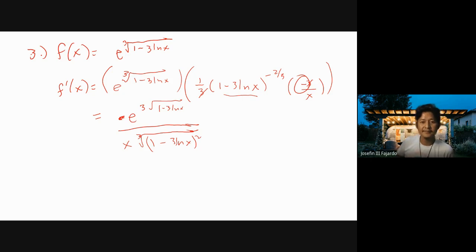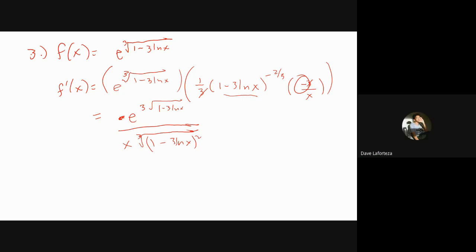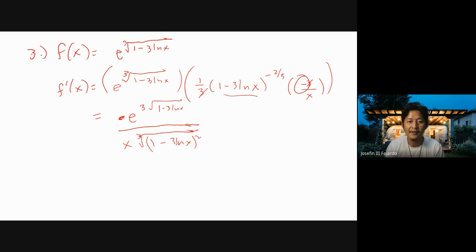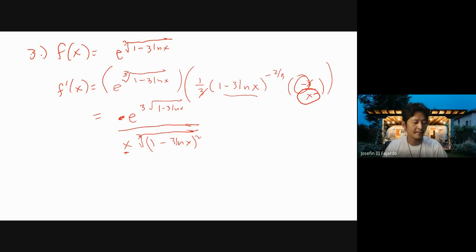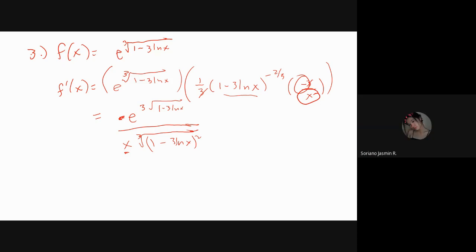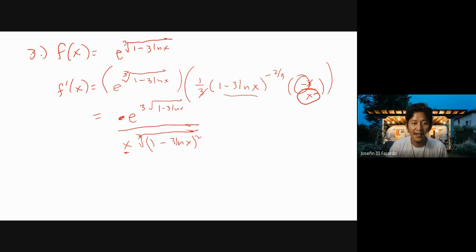Question? Sir, saan po galing yung x sa denominator po? Kahit galit na galit tayo sa mga ex natin, dapat huwag natin kakalimutan yan. Tas po yung raised to 2 po, sir, saan galing? Ito, yung ating negative 2/3.